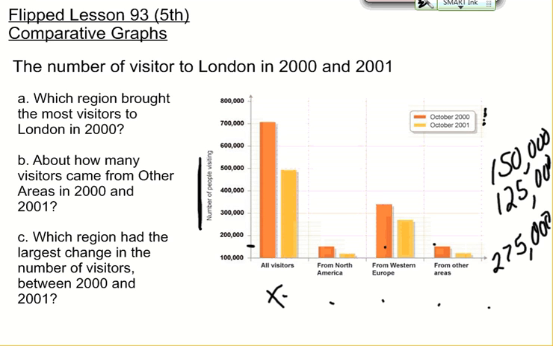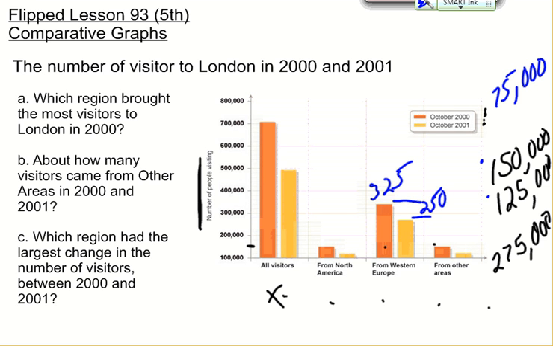So really, it's this number here, going back to what we used last time, this 150 minus this 125, which makes a difference of 75,000 visitors. Compared to here, and maybe you can just visually see the difference between this one and this one, is going to be, what, that's about 325, and this one's about 250.